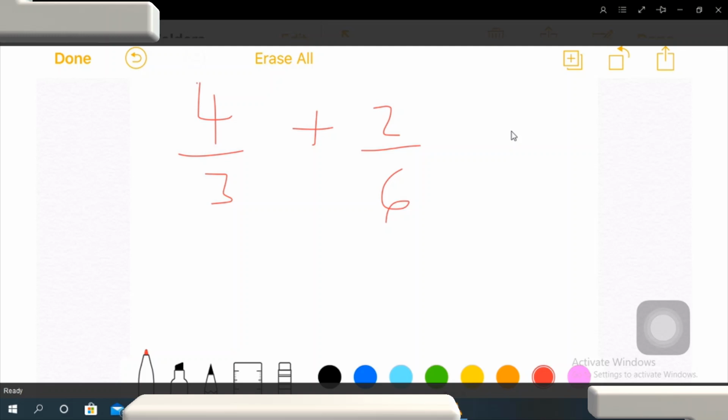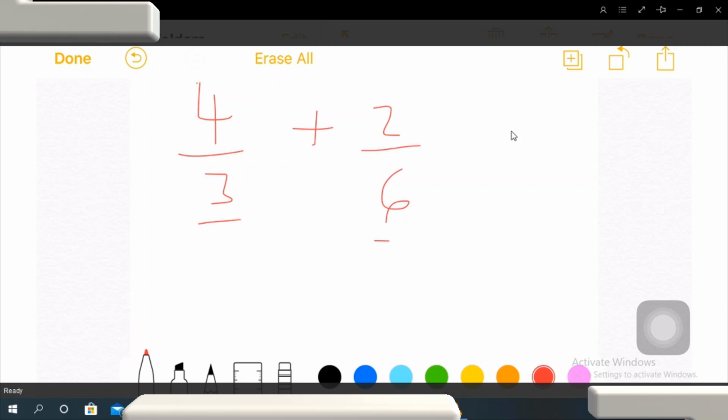So this method comes in handy when you know your multiplication table very, very well. If not, you won't see where the clue lies. If you don't know there is a 6 in a 3 times table, you won't be able to do this.